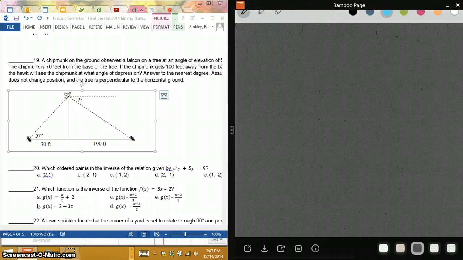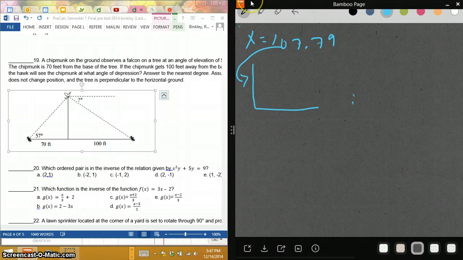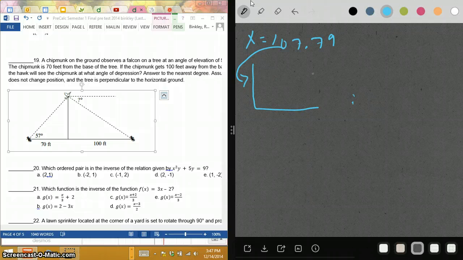Okay, so once again, my x is equal to 107.79, which is this number here. And this is 100.